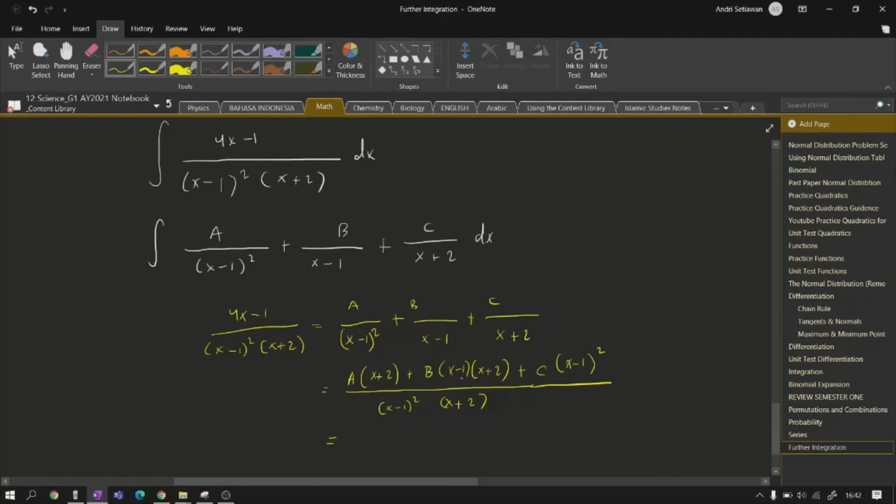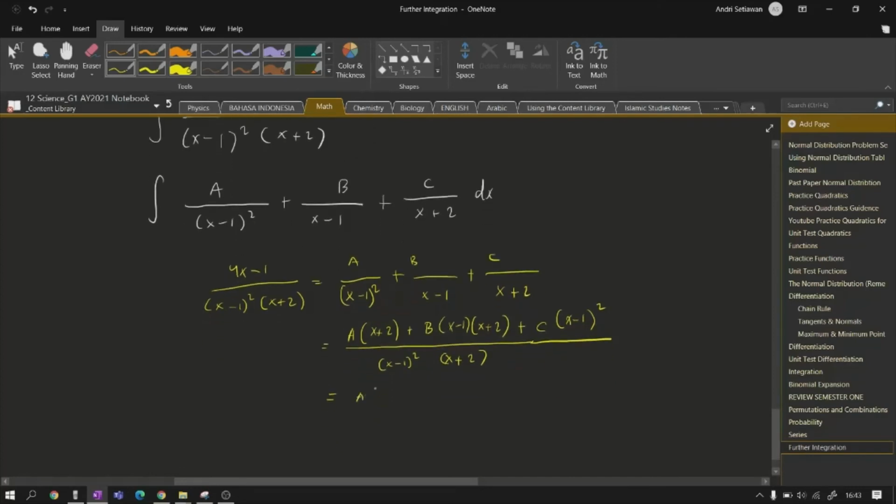So we have to solve this product first. Let it be (x + 2) times A, then B in the bracket (x² + x − 2). You can use distributive properties. And the last term is C in the bracket (x² − 2x + 1).